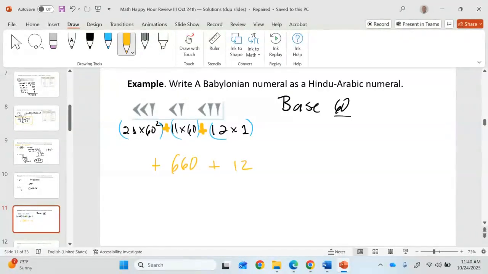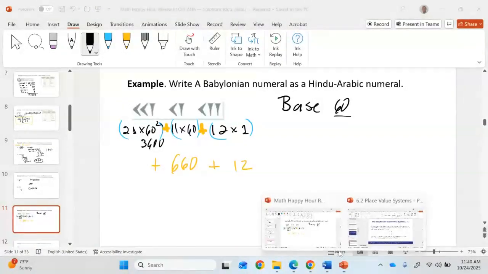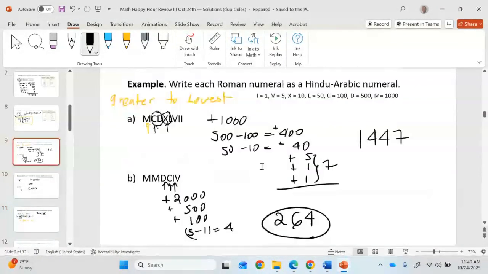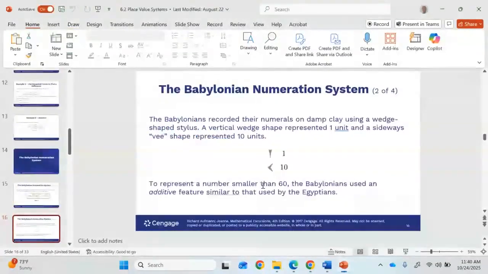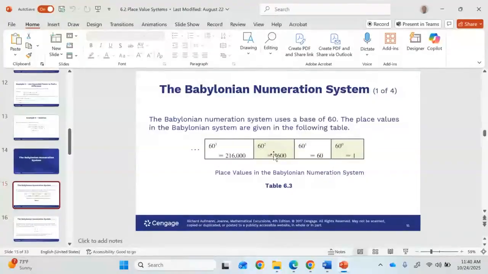Don't forget to do the power first. When you do the power, this is 3,600, which is also on the table. So if you have all of your tables ready, this is going to make it easier. Oh, wait, this is the other one. If you have all of these tables ready, it already has all of the powers, so you can just directly use the 3,600.